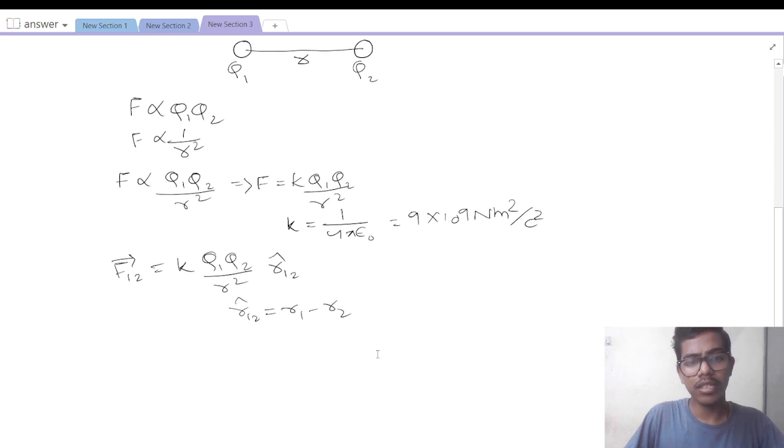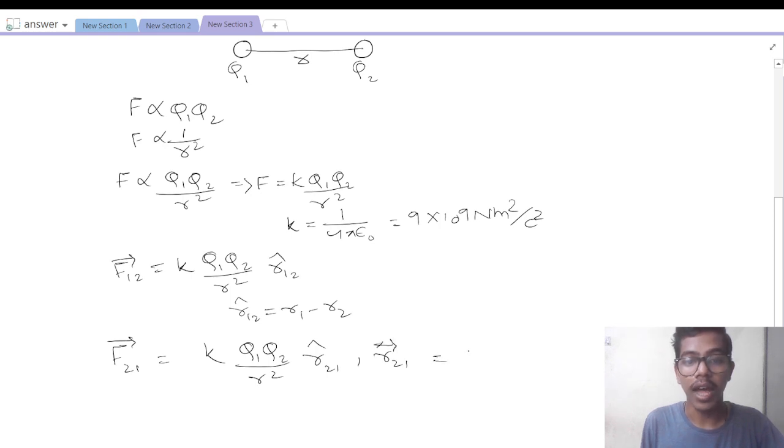And similarly, if we define the force on the second charge due to the first charge, that is F21 is equal to k q1 q2 by r square r21 cap, where r21 vector is equal to r2 vector minus r1 vector, that is the coordinates of the second charge.